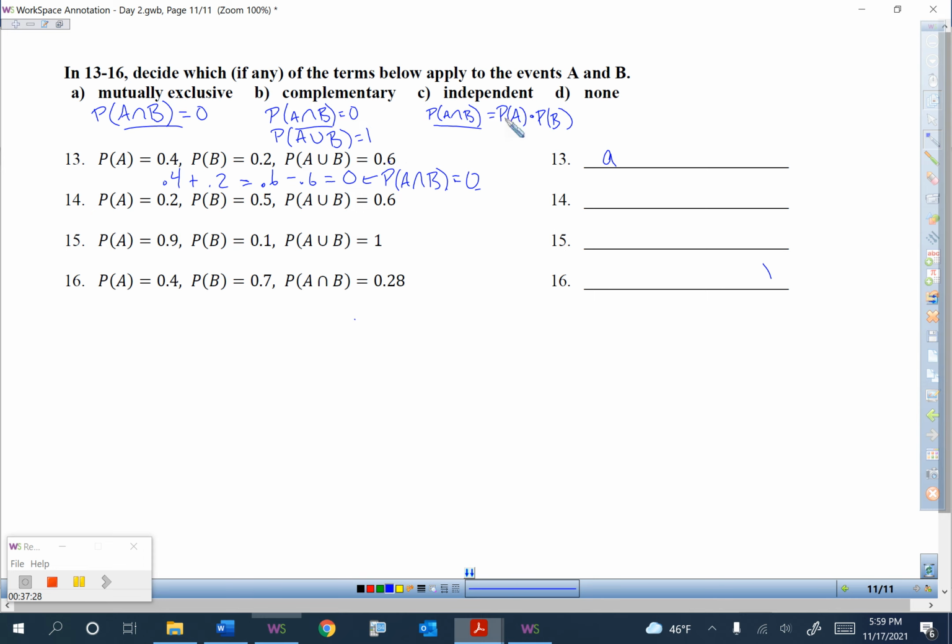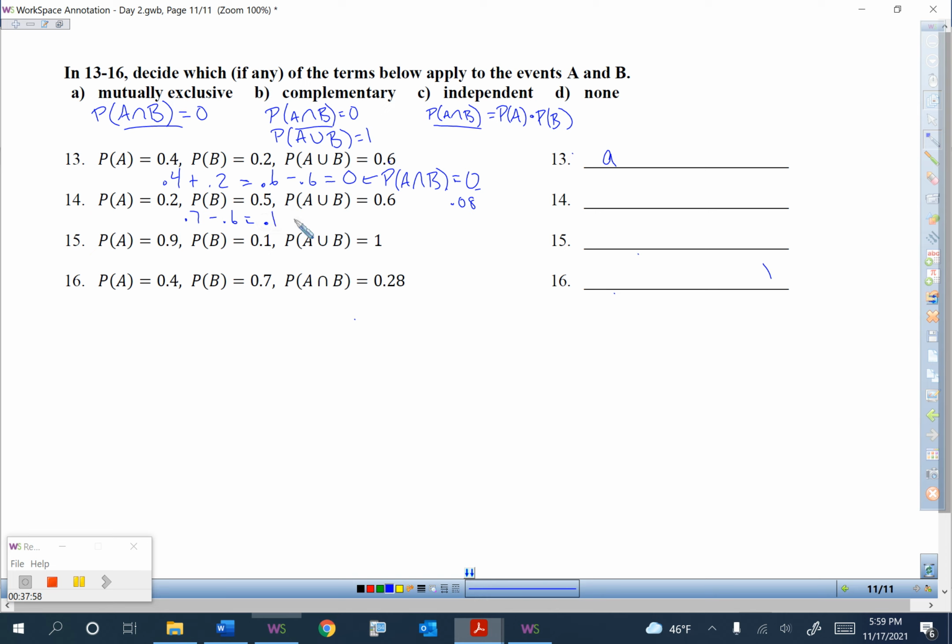And the last one, we want to take A times B and see if it's equal to that intersection. If we take 0.4 times 0.2, we get 0.08. If you want to write it, you can. And that is not equal to 0, so it's not independent. So that's it for number 13. We're going to do the same thing for the next one. You take this plus this is 0.7, subtract off the 0.6, and that gives us 0.1.